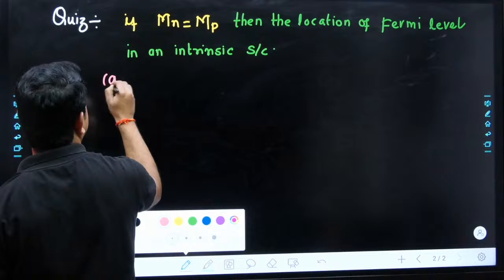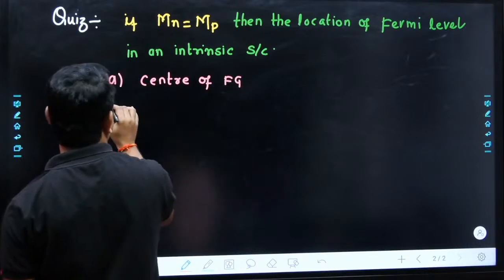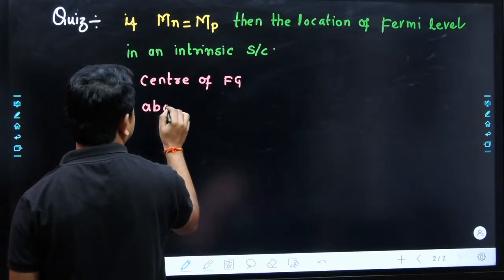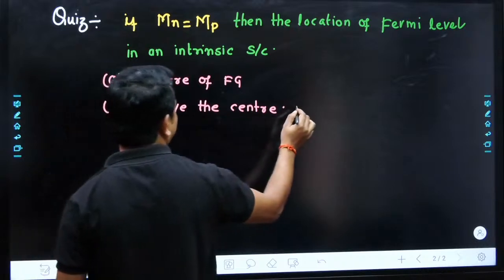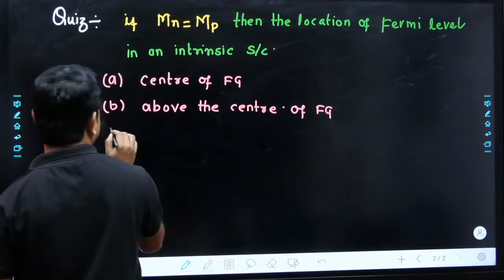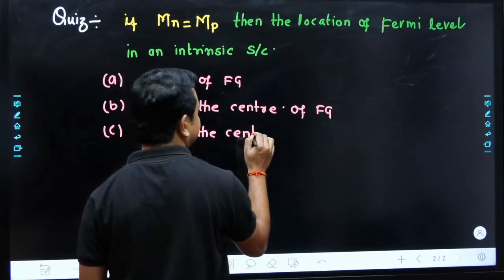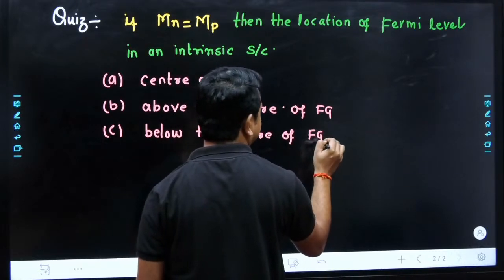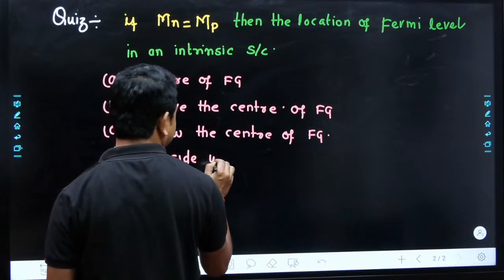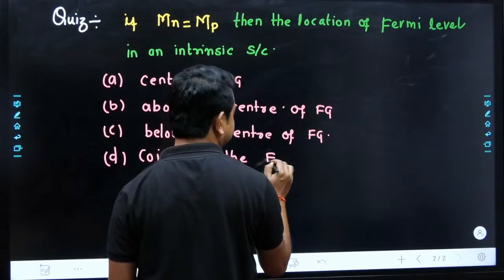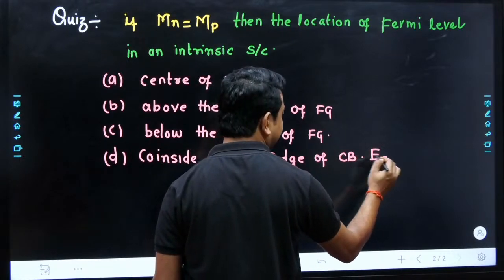The options are: center of forbidden gap, above the center of forbidden gap, below the center of forbidden gap, coincide with the edge of conduction band EC.